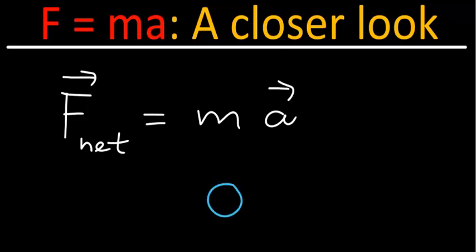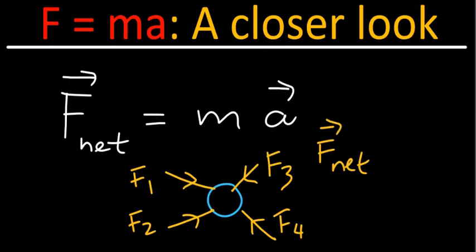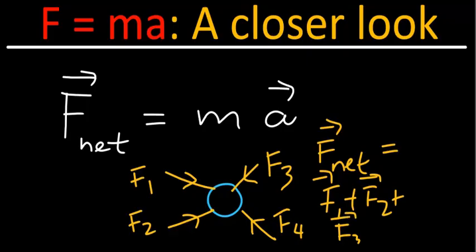So if an object is being subjected to, let's say, many forces, let's call these forces F1, F2, F3, and F4, realizing all these forces are vectors, then the net force acting on this particular object is quite simply the vector sum of all the four forces, in this case F1 plus F2 plus F3 plus F4.